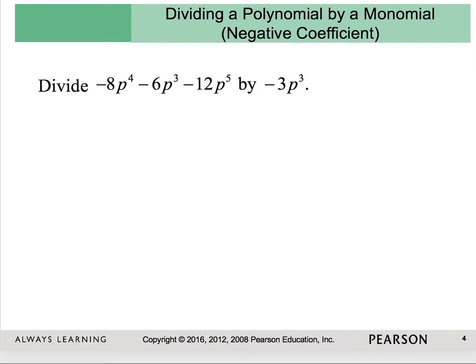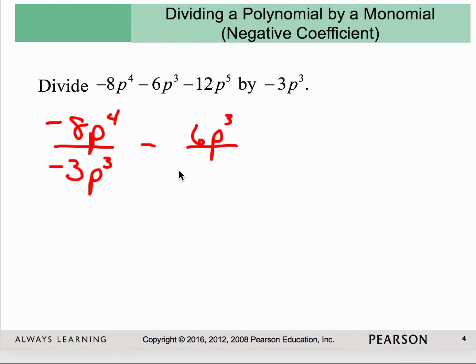Okay, now it's saying divide this polynomial, trinomial, by this. Same thing if you're just dividing by a monomial. Just do each term individually.